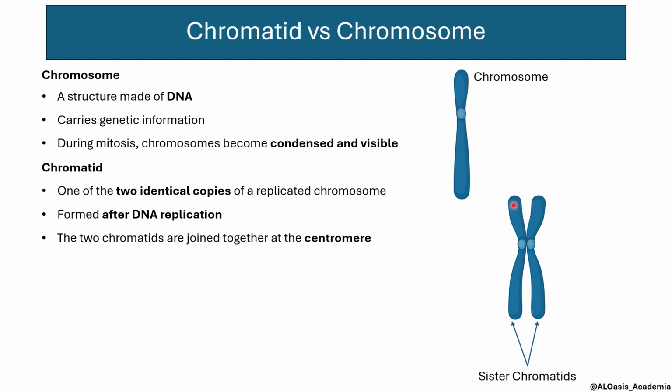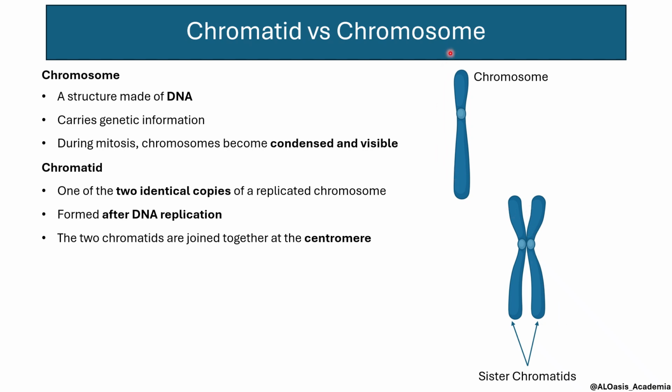What happens is that this one compacted DNA will be duplicated into an identical copy. These two identical copies of this chromosome are called sister chromatids. So basically, chromatids are one of the two identical copies of a replicated chromosome. That's one chromatid and that's one chromatid.